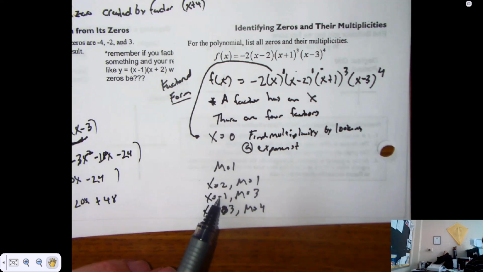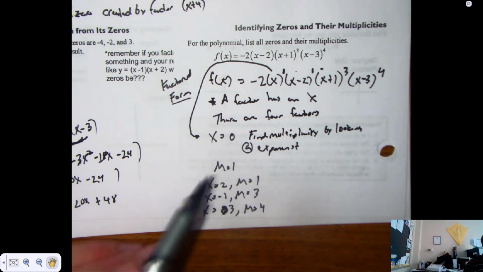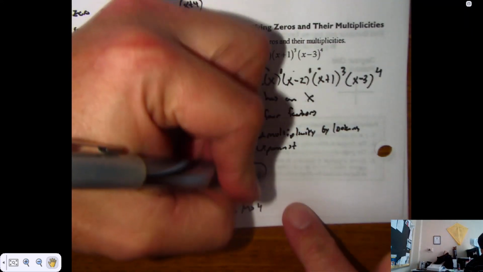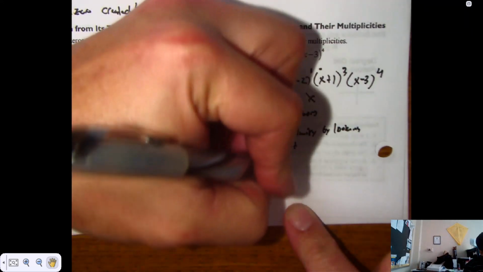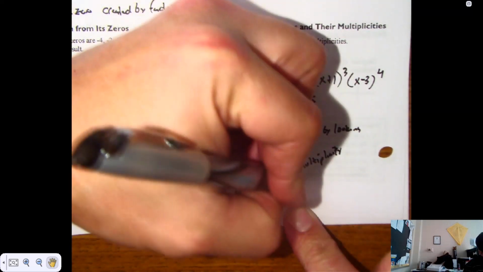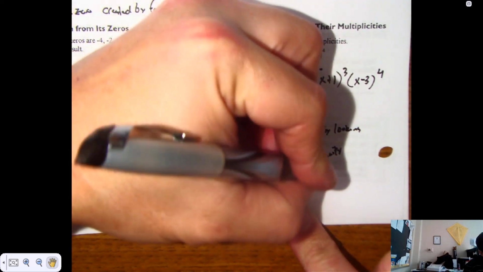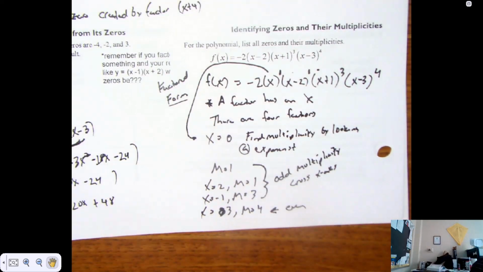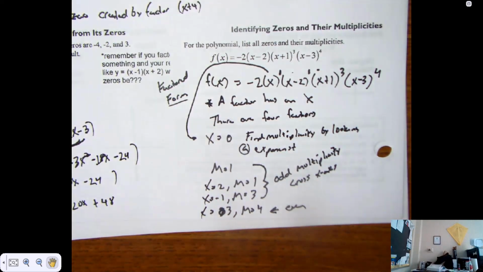Why? Why would it cross the x-axis? Because they're odd. Last guy's even. What do we expect to happen at x equals 3? Touch.